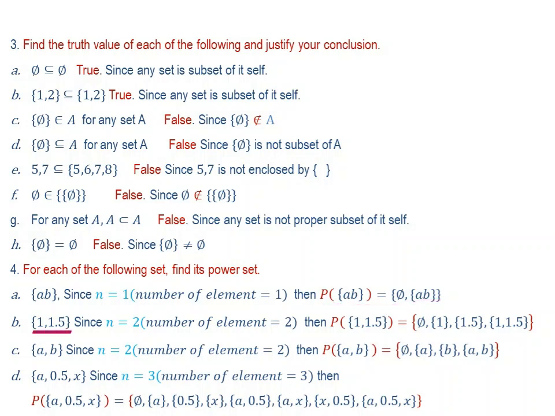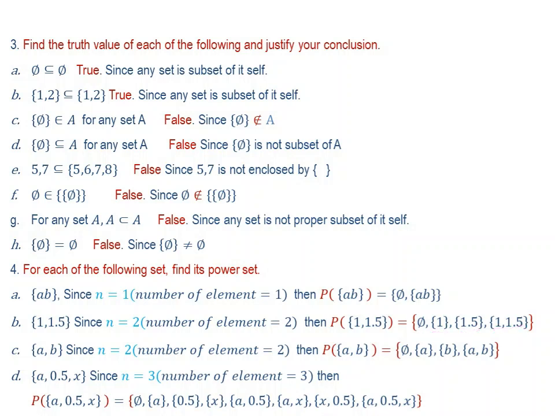Number B. The set containing 1, 1.5. Now how can we find the power set of this? The number of elements of the given set is 2, so we have 2 to the power of 2, which is 4, the number of elements of the power set of the set 1, 1.5. Now the power set of 1, 1.5 is equal with the empty set, the set containing 1, the set containing 1.5, and the set itself, 1, 1.5.